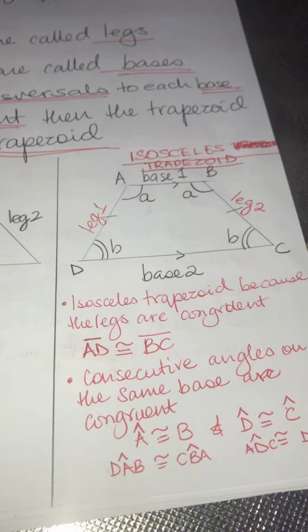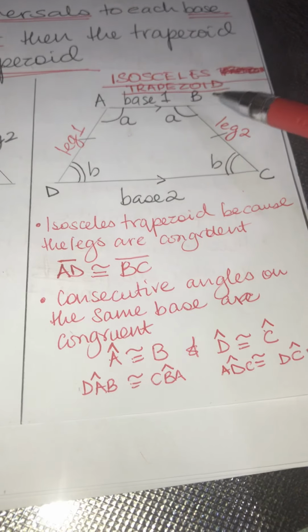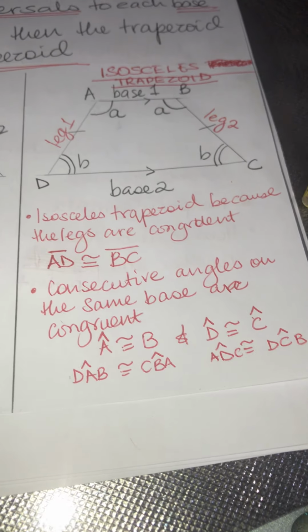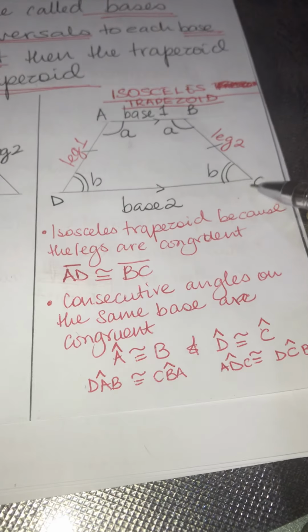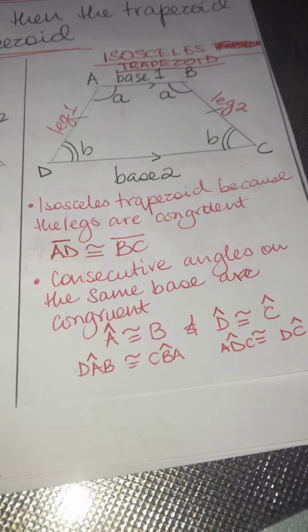I want to do something here. I'll rewrite later when I finish explaining this. So, an isosceles trapezoid, this one, trapezoid ABCD, is an isosceles trapezoid because the legs are congruent. The legs, line AD is congruent to BC, or line DA is congruent to CB.